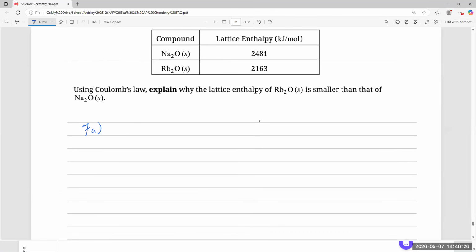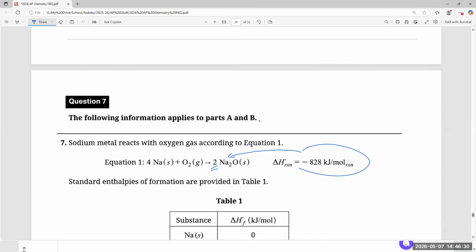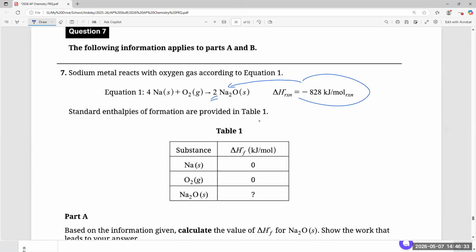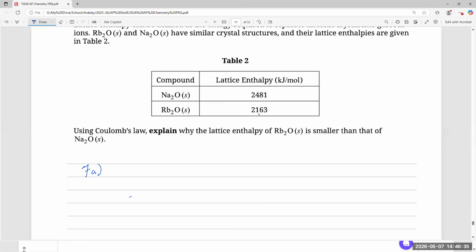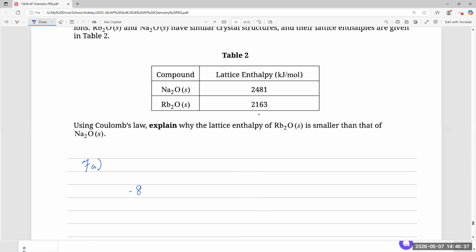All right, so to solve this, you got negative 828 kilojoules per mole of the reaction. And stoichiometry says in 1 mole of the chemical reaction in the equation, you produce 2 moles of sodium oxide.